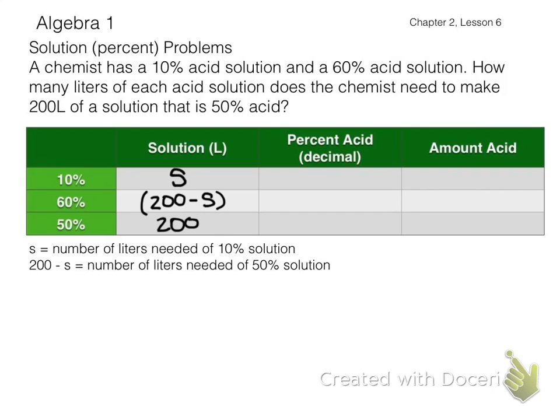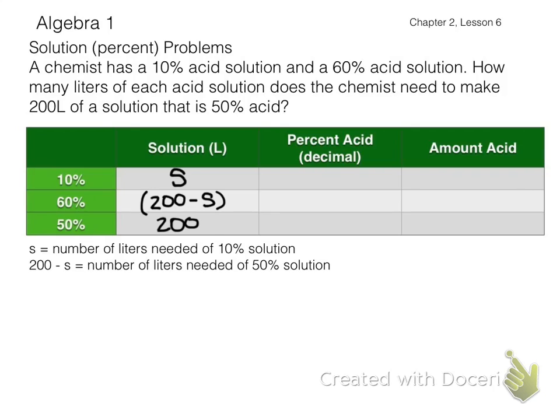Okay, so how many liters of the 10% solution do I need? Well, I don't know. So I'm going to make it a letter. I'm going to go ahead and make it S. Now again, you can make the 60% your variable and the 10% your 200 minus the variable. It doesn't matter. You just need to make sure you set it up for yourself. I'm going to do it this way.